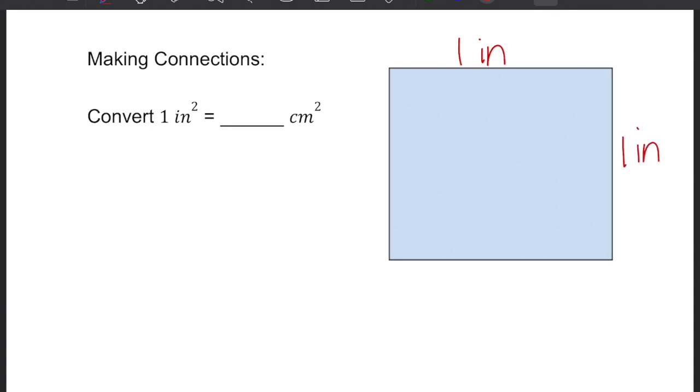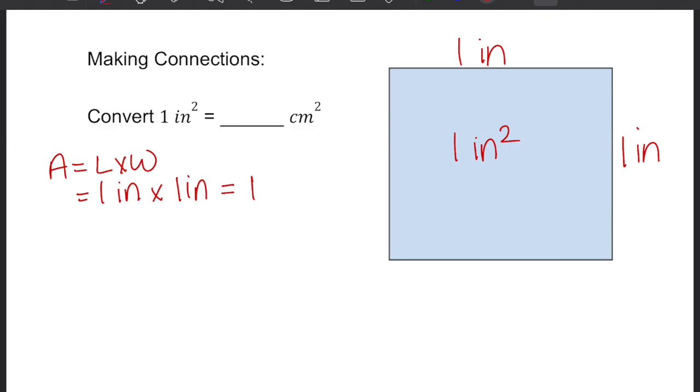Therefore the area of this square is 1 square inch. I know this because the area of any square is length times width. The length is 1 inch, the width is 1 inch, 1 times 1 is 1, inch times inch is inch squared. All units of area are squared because we're working in 2 dimensions, length and width.